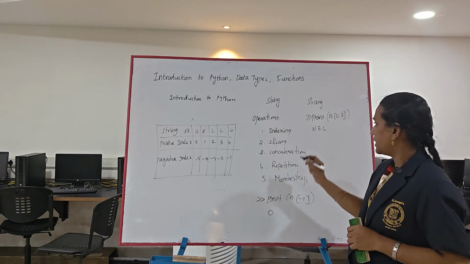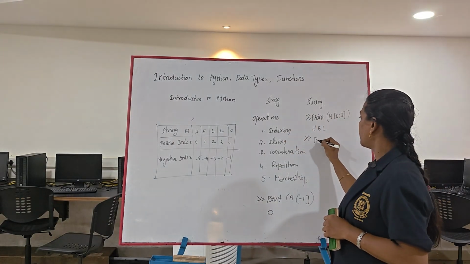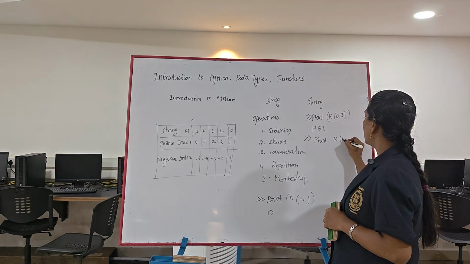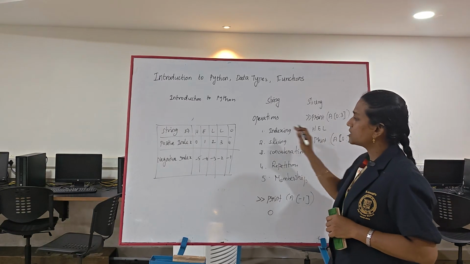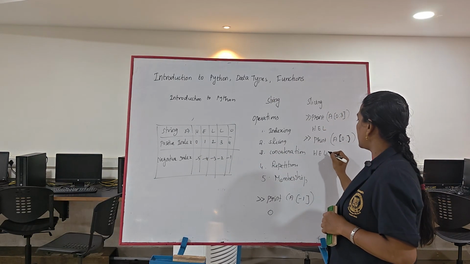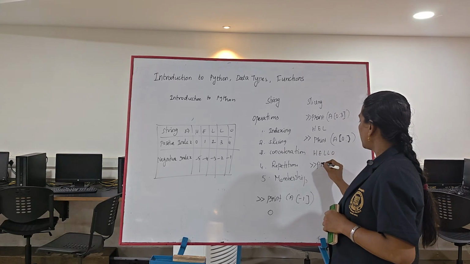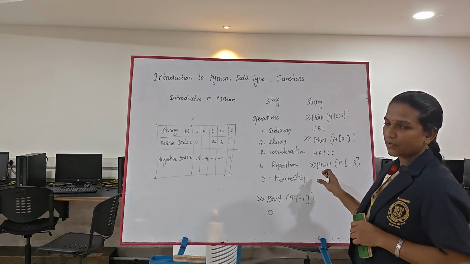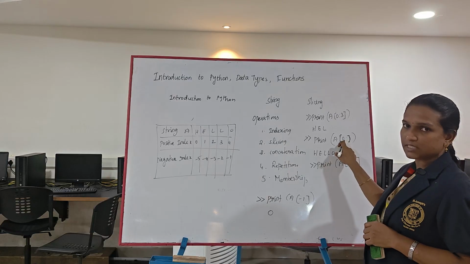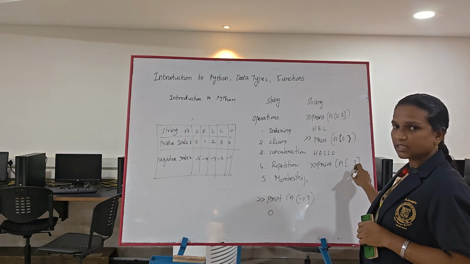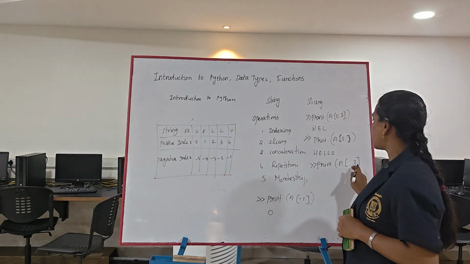Next, if I give print of A, where A is the name of the string, with 0 and a colon, it starts from 0 and goes to the last, so HELLO. Now if I don't mention the first subscript and give only the second subscript, it starts from 0.